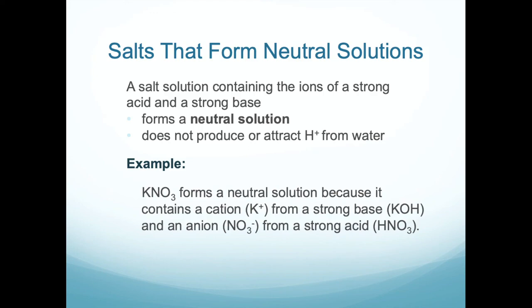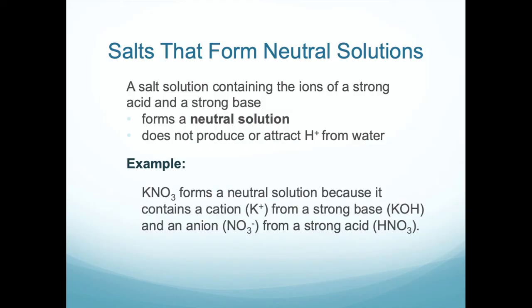Let's look at salts that are formed from a combination of strong or weak acids or bases. Let's say we use a strong acid and a strong base to do our neutralization reaction. What is the salt we're going to make? The salt winds up being neutral. We get a neutral solution.